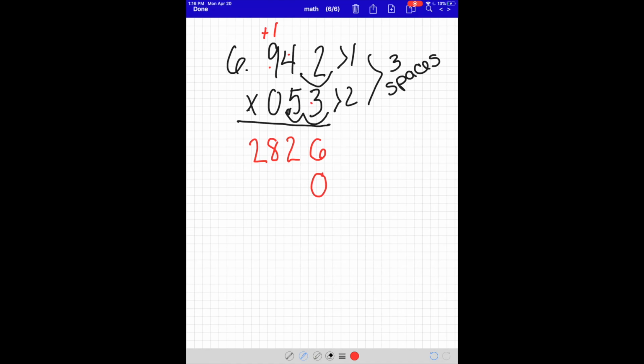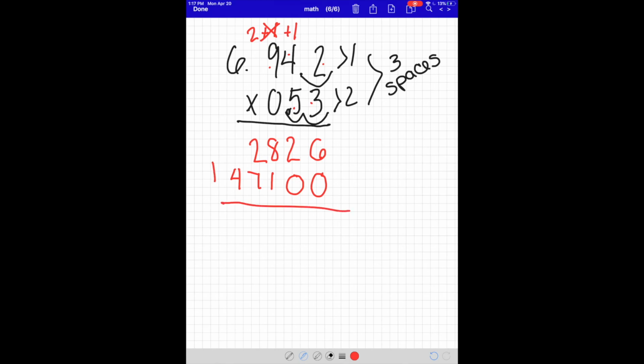Put your 0. 5 times 2 is 10. So we're going to put a 0. And then we'll carry our 1. 5 times 4 is 20, plus 1 is 21. Cross this out and put our 2. 5 times 9 is 45, plus 2 is 47.